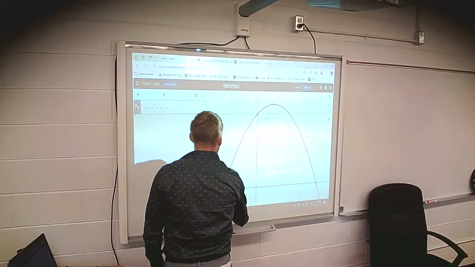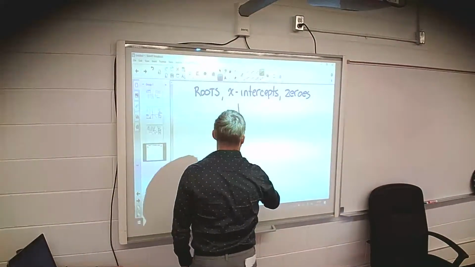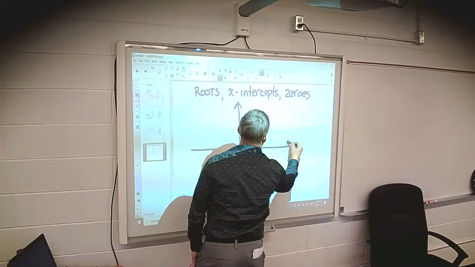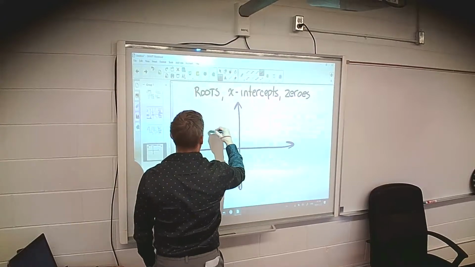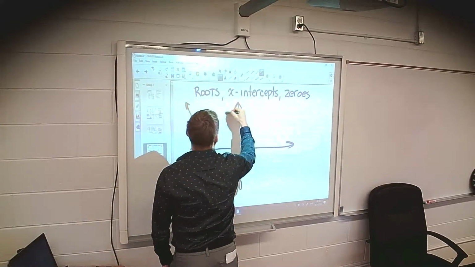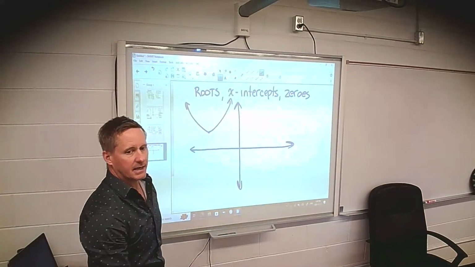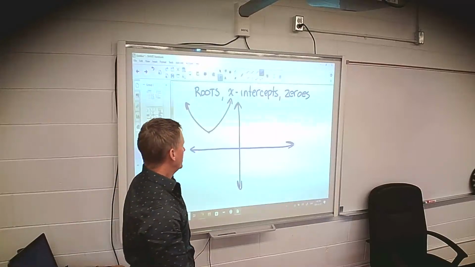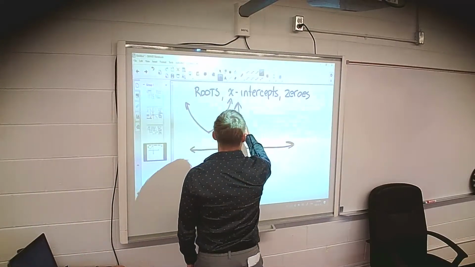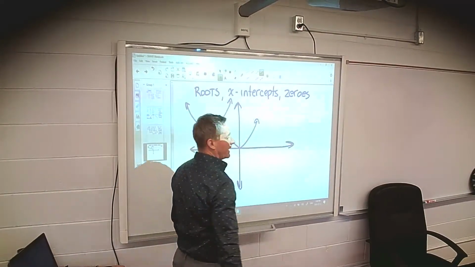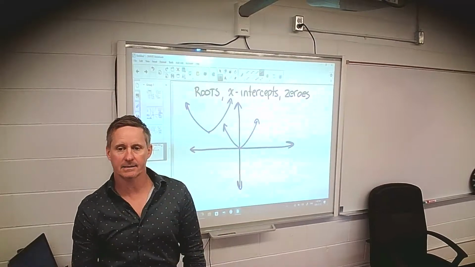So there are 3 possibilities on roots. This just sums up what that other one is. You can have 0 roots. Maybe your graph opens up and never crosses the x-axis. You could have 1 root in which your vertex is on the x-axis.